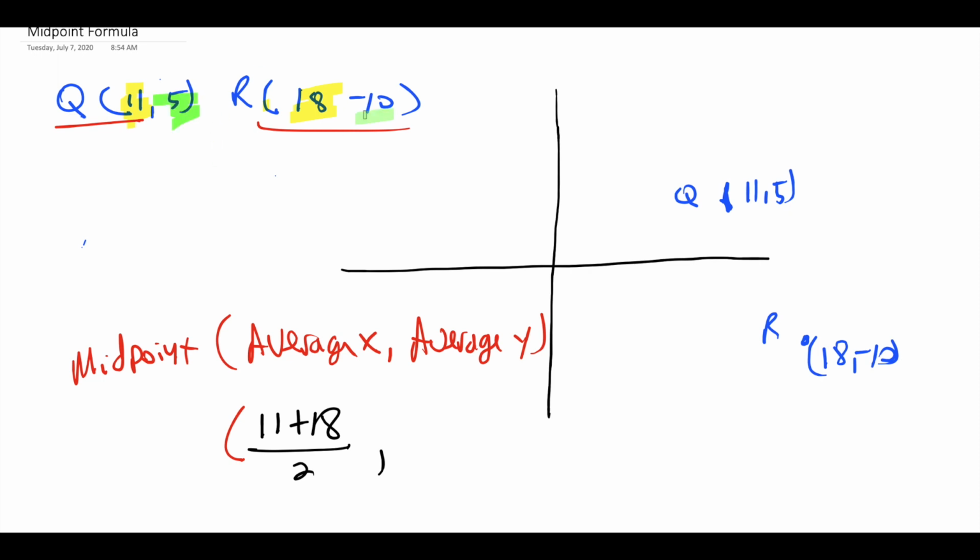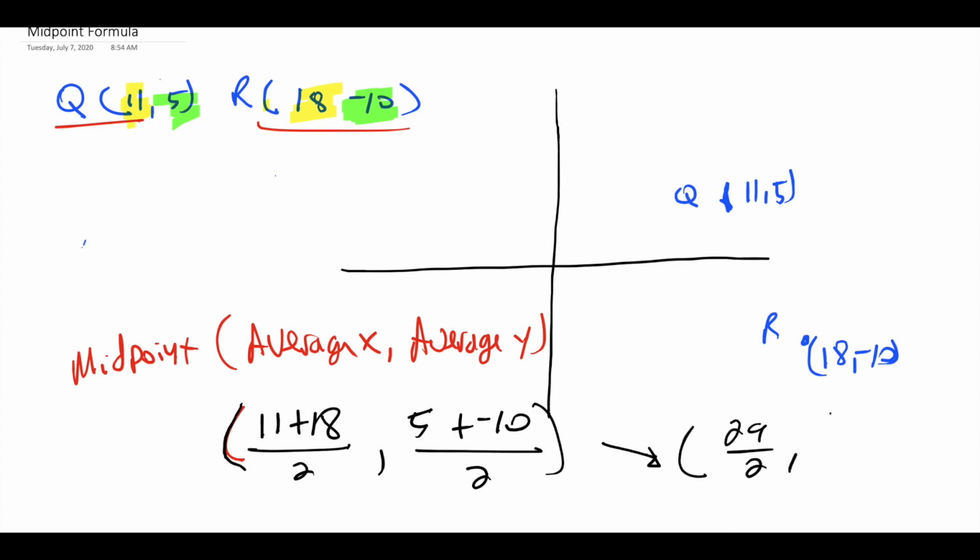Okay, so 5 plus negative 10 over 2. Bam. Now 11 plus 18, what's that going to be? 29. So we have 29 over 2, comma, 5 plus negative 10, which is the same thing as 5 minus 10, which is what?